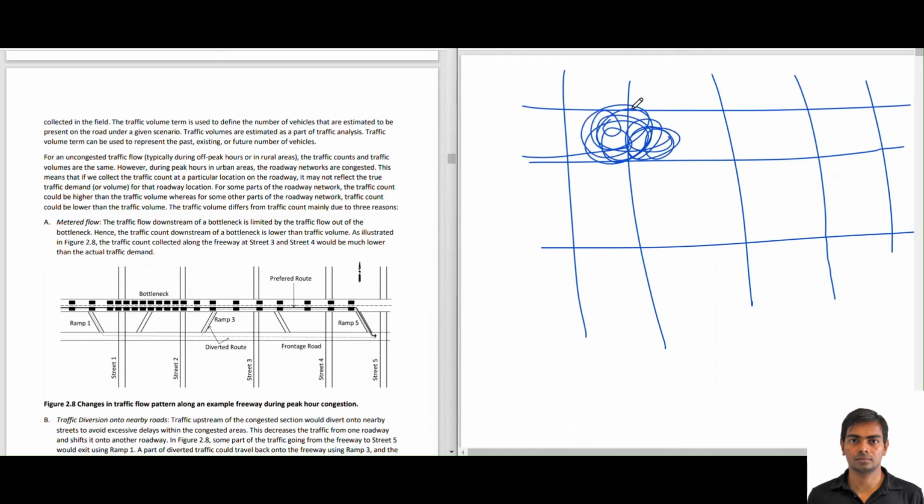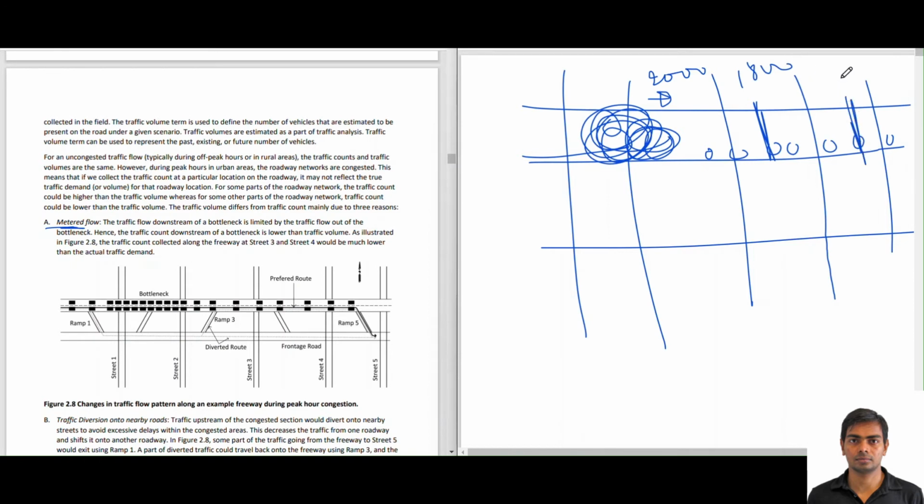Now the first thing that can happen is the metered flow. So let's say there is congestion here, and only 2000 vehicles per hour can pass through this point. Downstream of it, if we measure the flow here, it might be 1800.